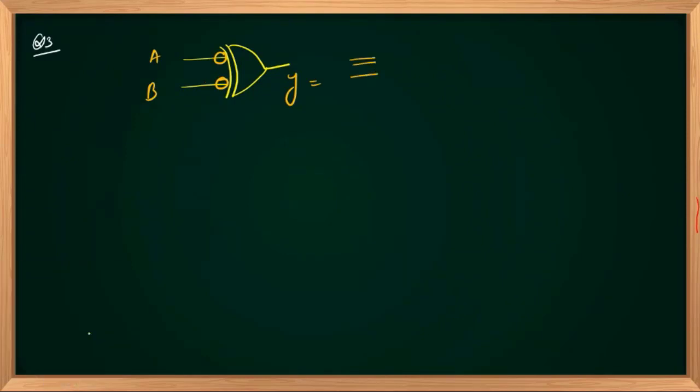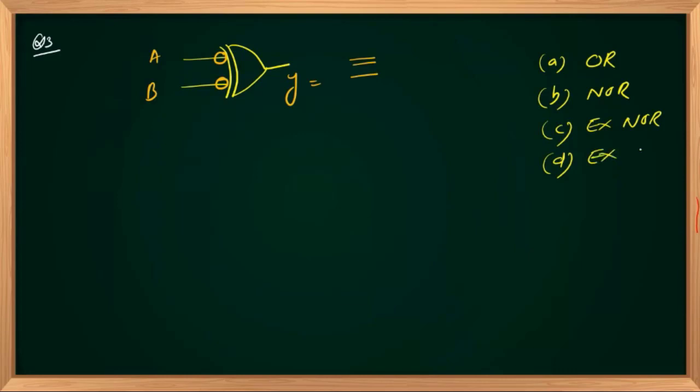You'll have 4 options: OR gate, NOR gate, XNOR gate, XOR gate. Bubbling XOR gate, right?